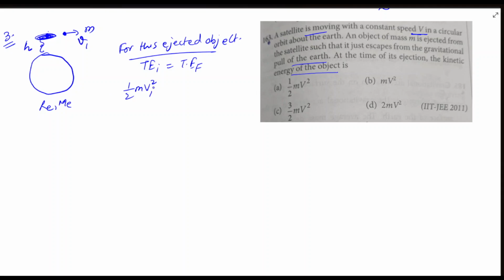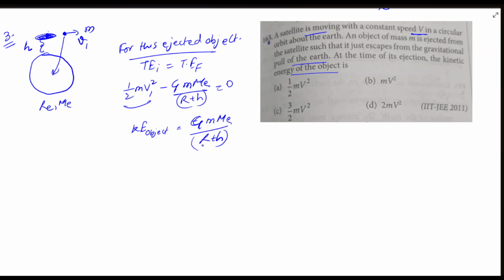So this is half m v1 square minus G m M_e, and the distance from the center will be R plus h, right? So R plus h is equal to, final will be 0 because it just escaped from the gravitational pull of the earth. The gravitational pull of this satellite also we should consider, but we'll just ignore it. So this is the kinetic energy of the object, and it should be equal to G m M_e upon R plus h.